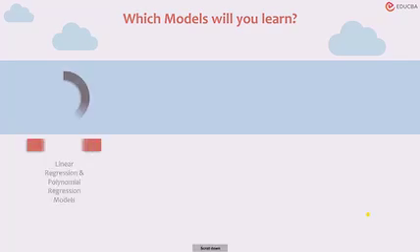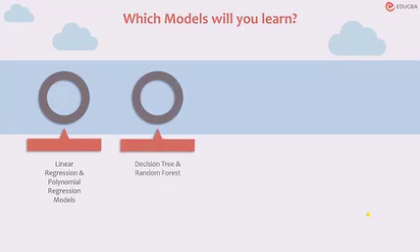Now, throughout our learning journey, these are all the important models that we'll be learning as a part of this course. We'll start by understanding how the linear regression model works, and then we will increase the complexity and learn about polynomial regression models. As we proceed along in this learning journey, we'll learn about decision tree and random forest.